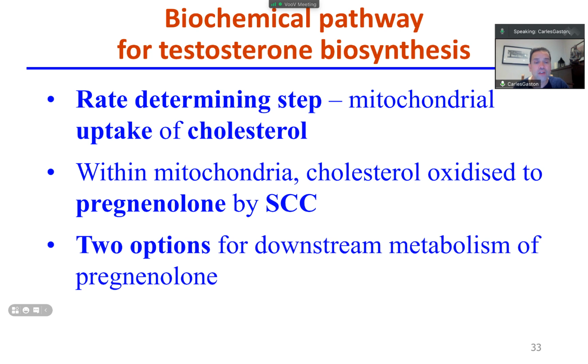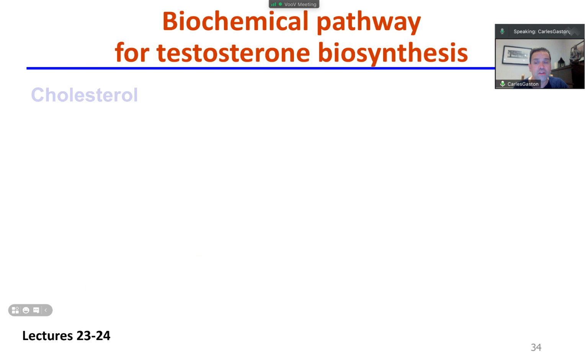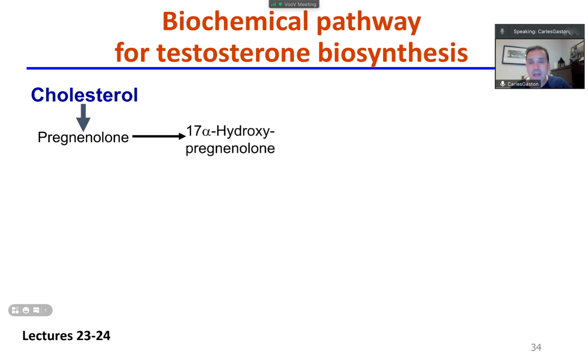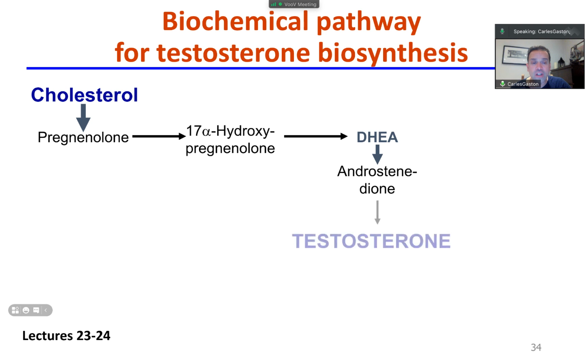There are two options for downstream metabolism of pregnenolone, right? And remember, we studied this in the other lecture on steroid biosynthesis. So cholesterol can be converted to pregnenolone, and then through the 17 alpha-hydroxylase enzyme give rise to DHEA and androstenedione, and androstenedione gives rise to testosterone.